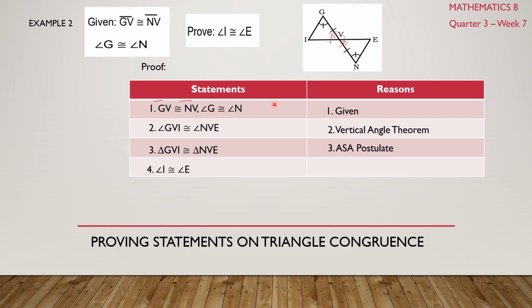So, our last statement will be angle I is congruent to angle E. So, our reason is CPCTC, corresponding parts of congruent triangles are congruent. Let's put markings on it. So, angle I is congruent to angle E, 1, 2, 3.